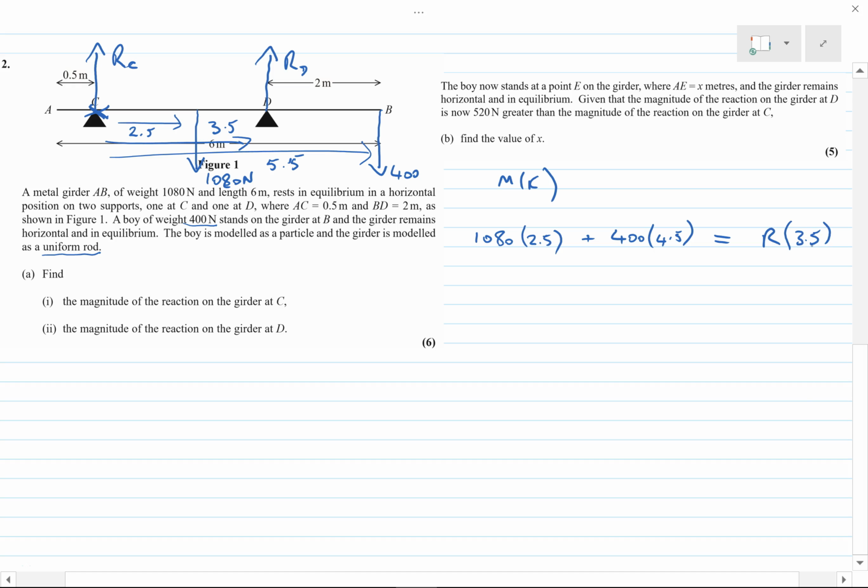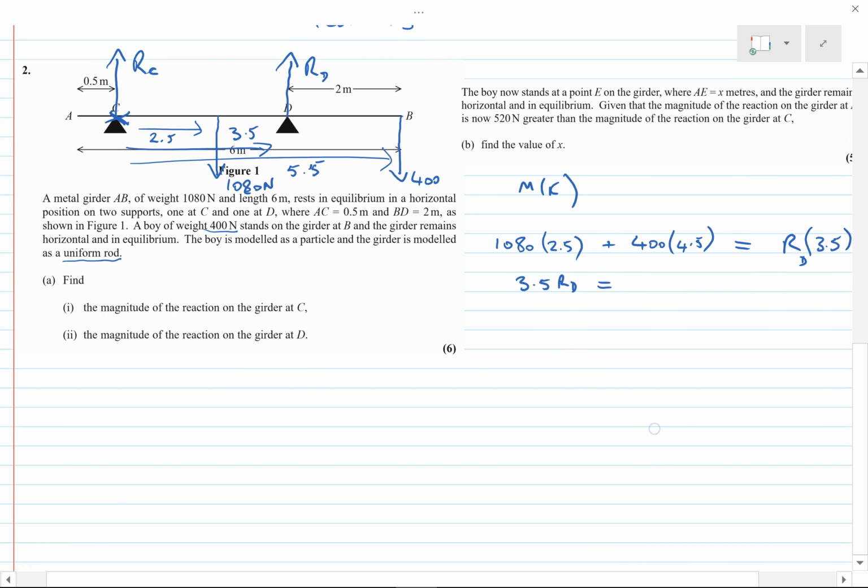That gives me 3.5 RD equals 4,900 newtons. So RD equals 1,400 newtons.